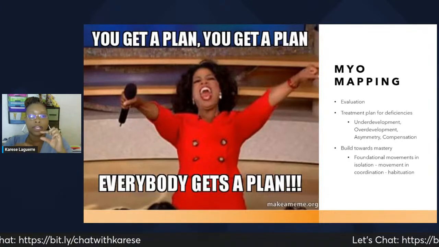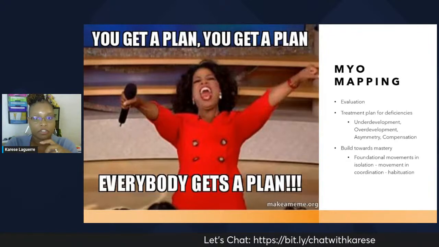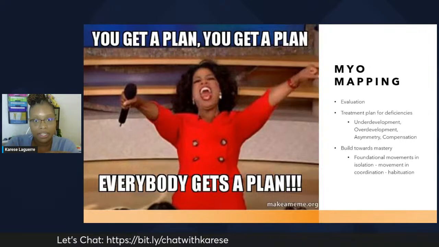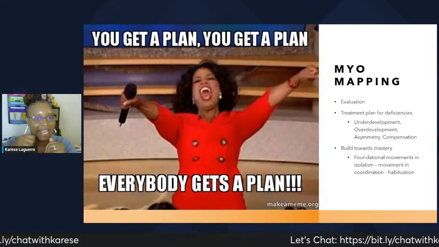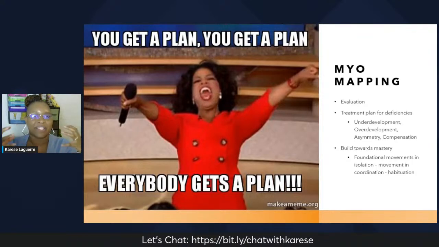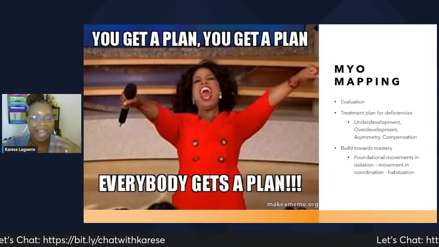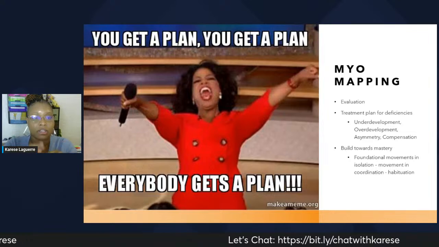So now you're working specifically to target what the compensations are, where the asymmetries are, where's the overdevelopment. And as you are unwinding or engaging, if it's underdeveloped, you're engaging it more, so you're using more of that muscle, or you're allowing it to stretch and relax if it's overdeveloped, and engaging them in active exercises and active awareness, how to relax those muscles.